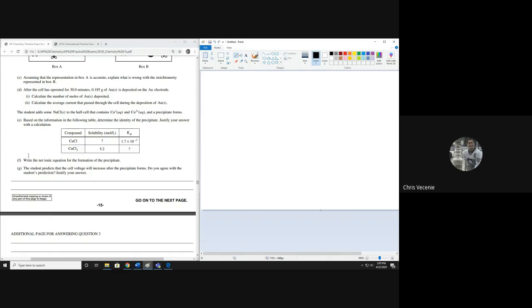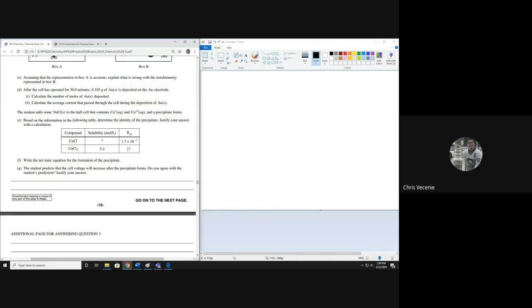All right, so the first thing it says is, based on the info, who is the precipitate, and justify it with a calculation. So when we're trying to predict precipitates, remember, one way we can do it is a Q-K comparison, right? That's probably the most popular way, but this setup isn't leading us toward that. If they give us KSP, you know how soluble it is.